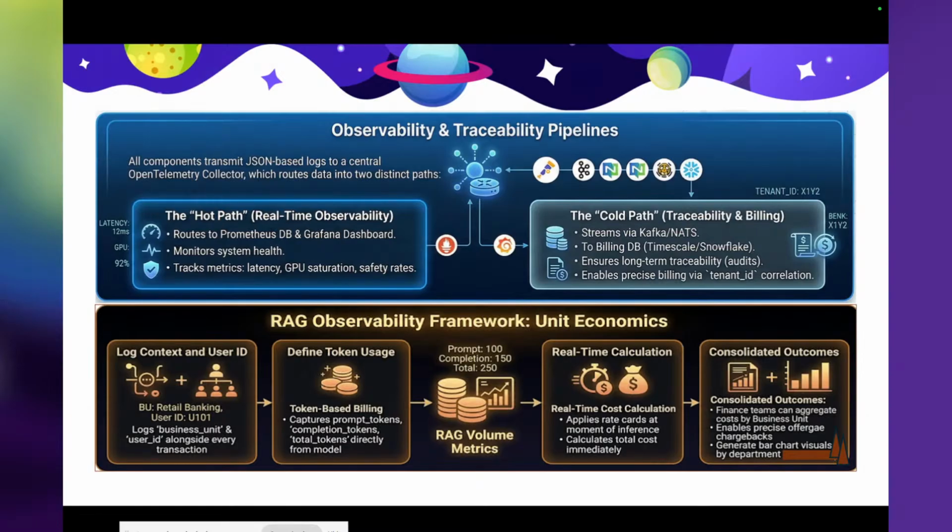It streams asynchronously into a data warehouse like Snowflake, which gives us an immutable ledger. So if there is a compliance audit 6 months from now, we have the exact trace of what happened, but more importantly, this drives our unit economics in terms of the numbers.